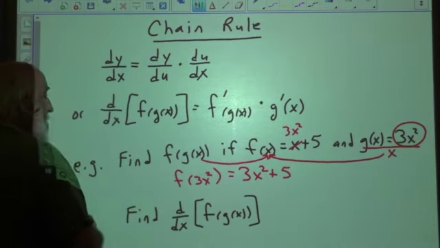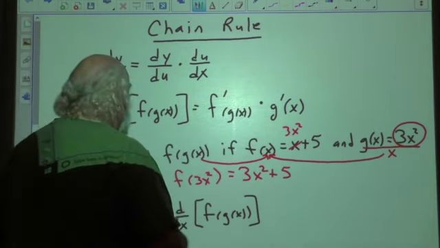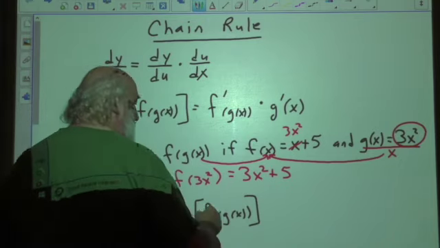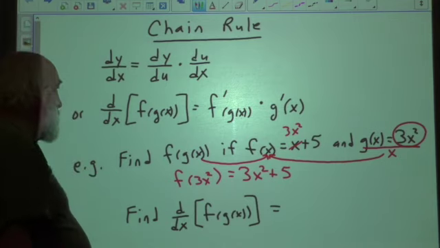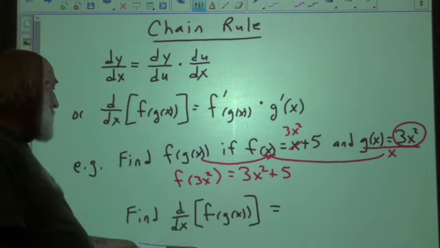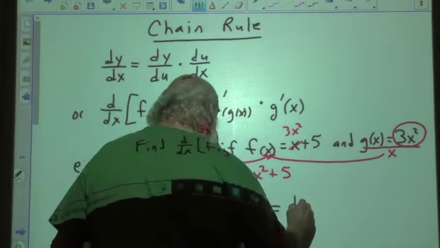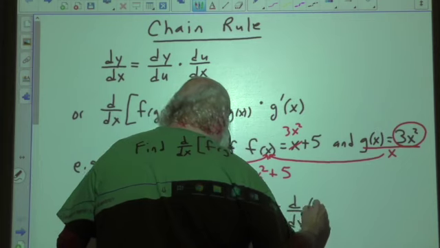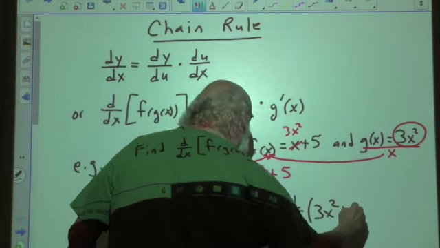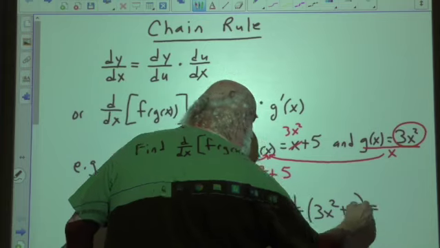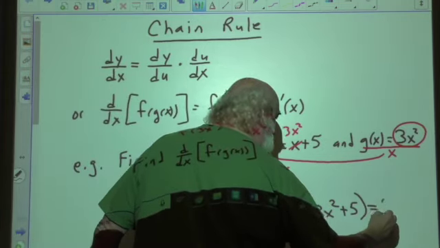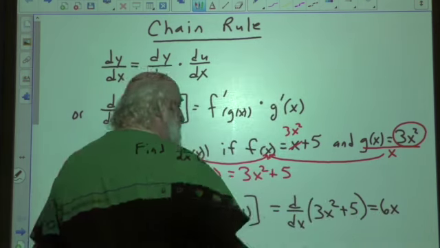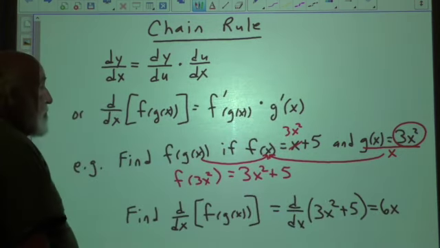Well, the f of g of x, when I put all this together, is the derivative with respect to x of 3x squared plus 5, and 2 times 3 is 6, subtract 1 gives us x, and then this is a constant, and that will drop out.